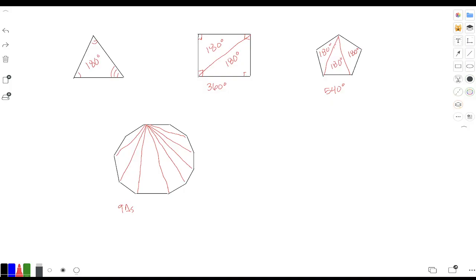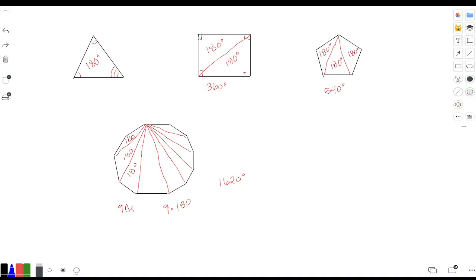If each triangle is 180 degrees, then 9 triangles times 180 is going to give us 1,620 degrees. All of our internal angles here are going to add together to be 1,620 degrees.